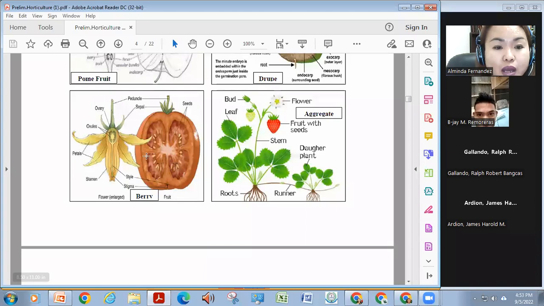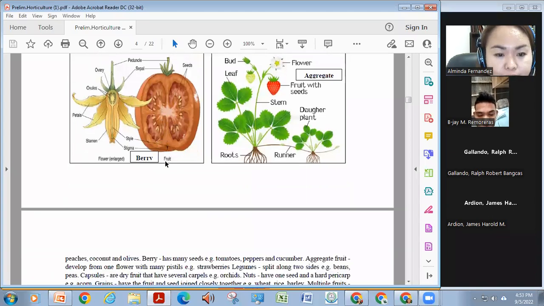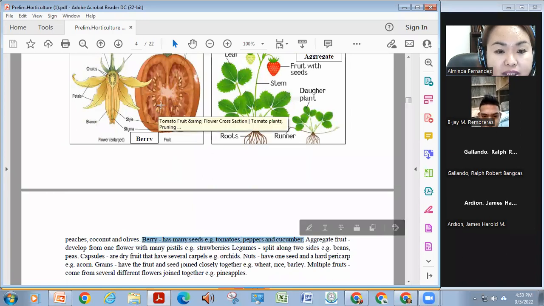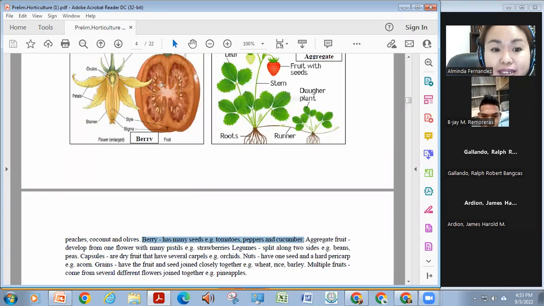So how would we know that it's a berry? So a berry has many seeds. Example, tomatoes, peppers, and cucumber. So berry siya, so marami siyang seeds, and it is enclosed in a fleshy, soft na fruit.